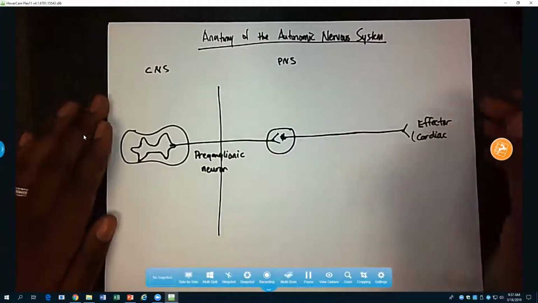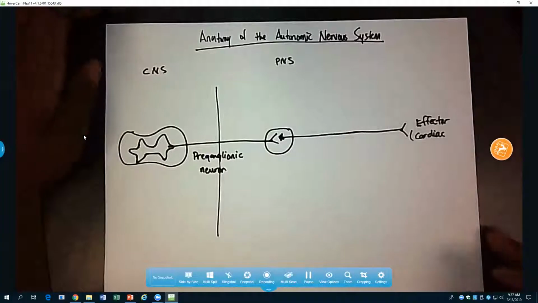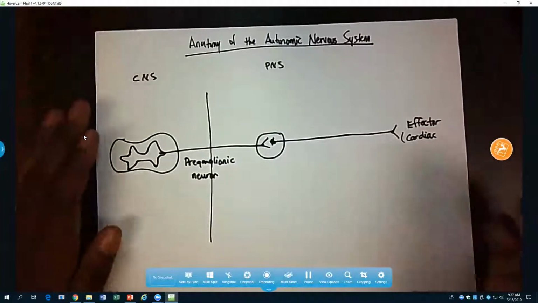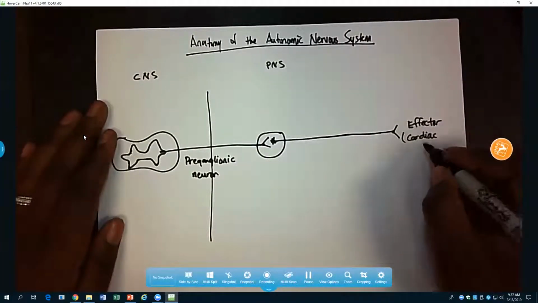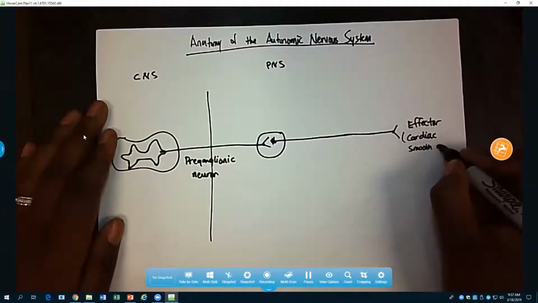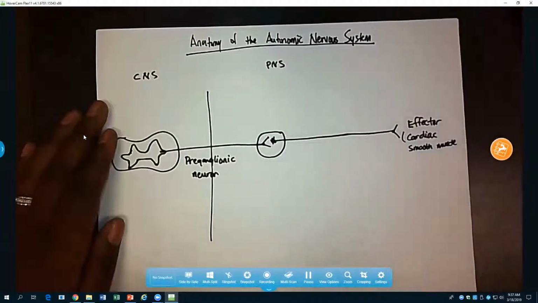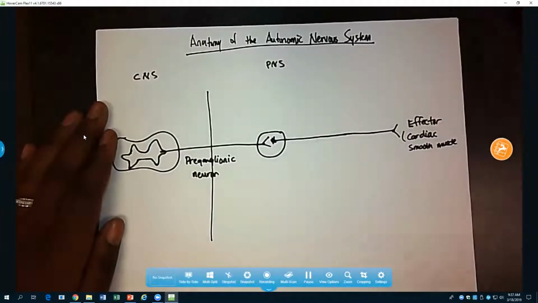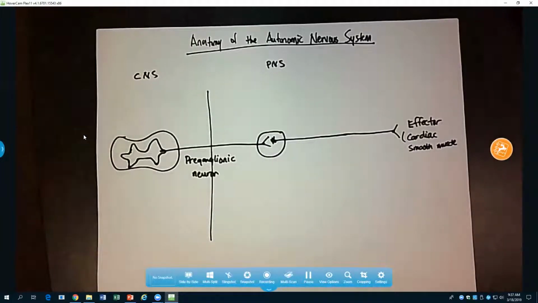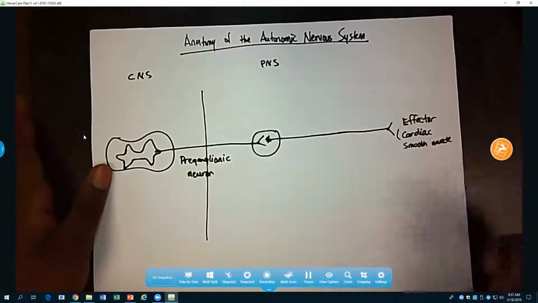We're going to see a lot of how this is brought about when we look at the cardiovascular system. For exam 4, this can be smooth muscle, and smooth muscle is all over the body. Right? It's in your blood vessels, it's in your gastrointestinal tract, it's in your airways, and so on and so forth.